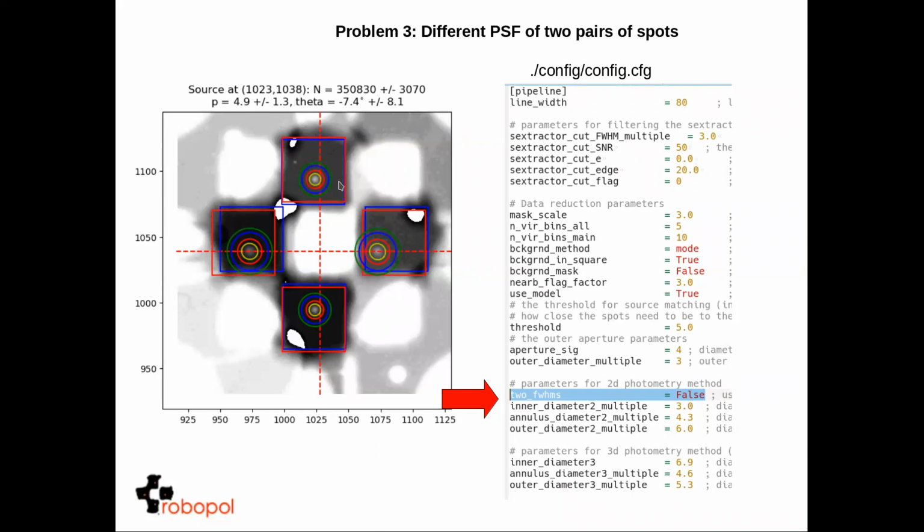And obviously, if you have the same aperture size for all of them, you will not have the optimal signal to noise, because as we discussed before, there are some optimal apertures that give you the best measurements, the best signal to noise. So for this reason, we made this option where you can say use 2 independent FWHMs for horizontal and vertical spots or not. Typically nowadays, I set this flag to true.